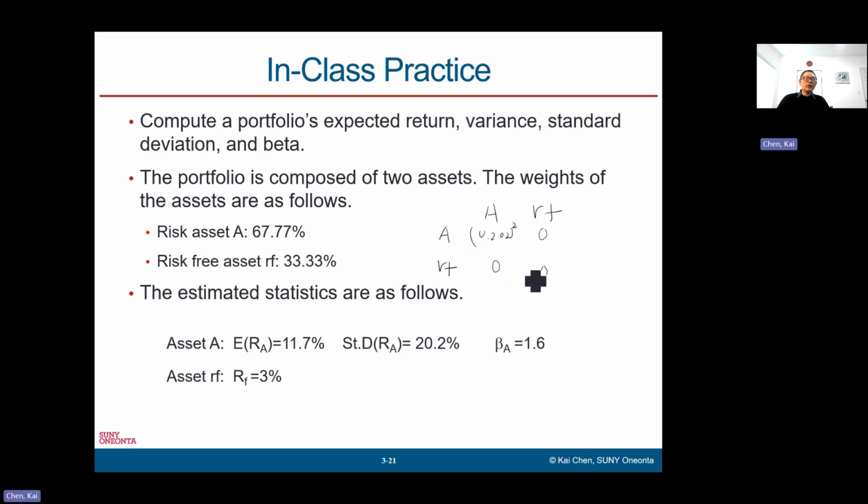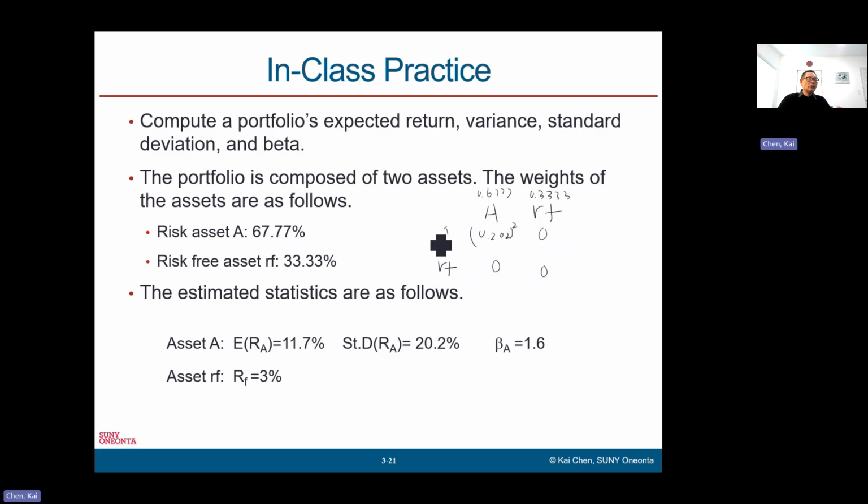So we have this covariance matrix. After we have this covariance matrix, we put the weights on the top and to the left. The weight of asset A is 0.6777, and the weight of the risk-free asset is 0.3333.